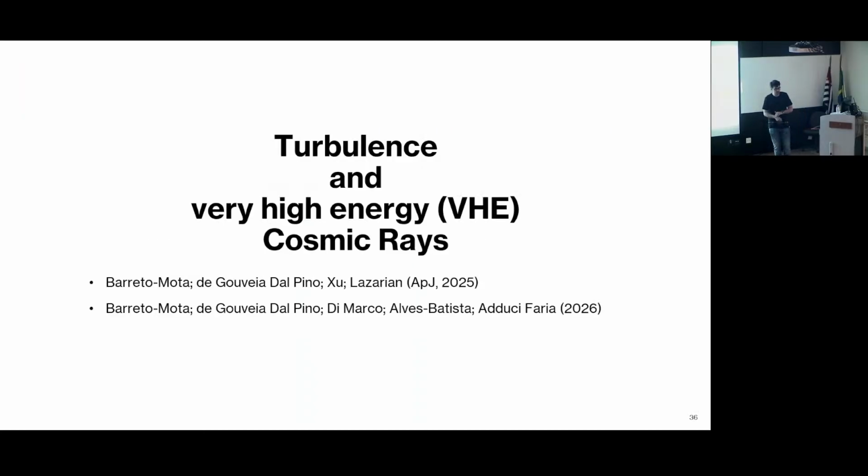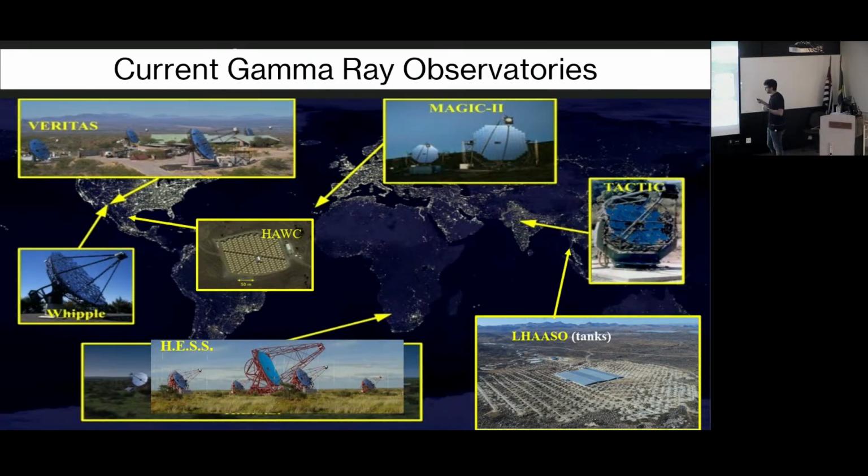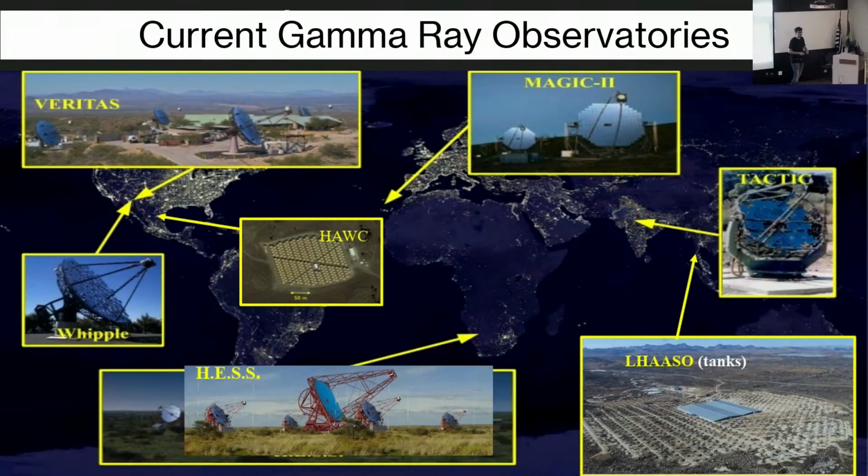So now let's change the pace a little, and let's go to the highest energies and how they interact with these kinds of regions. In the last few years, we have had several exciting observations coming from the current generation of high energy observatories. Here are a few of them.